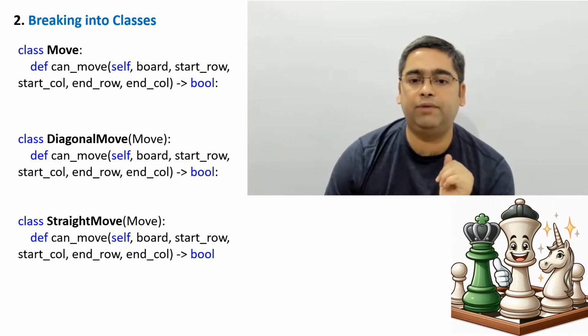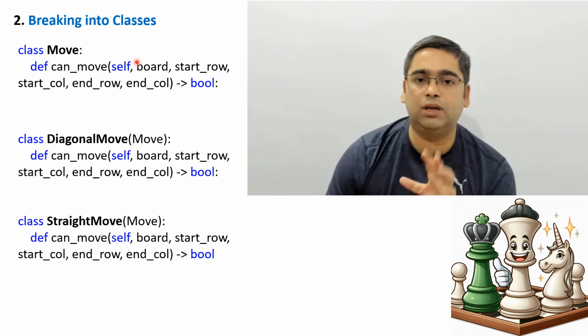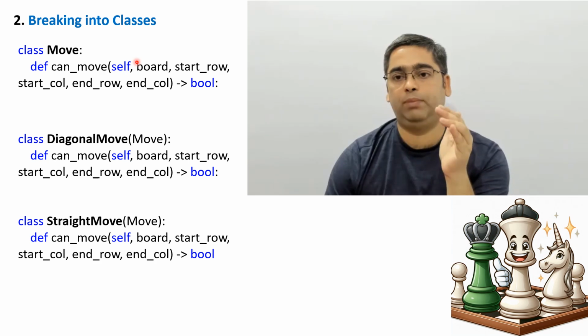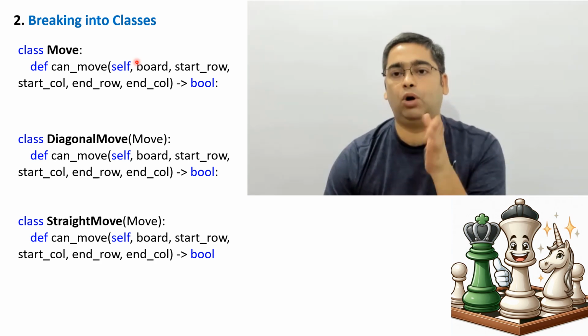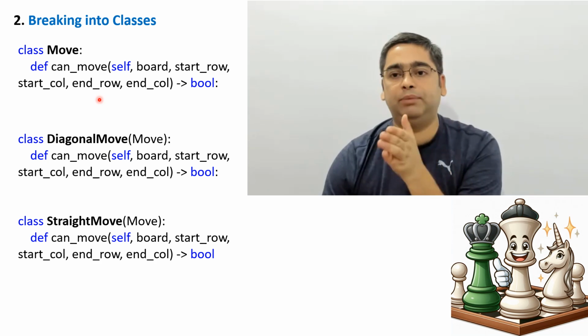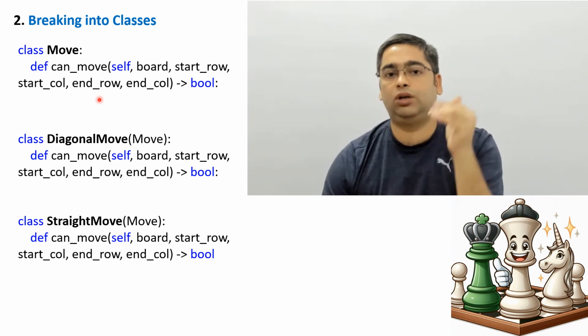Now let's break everything into classes. We are going to start with the most simple classes which do not depend on any other class, and then go for more complex classes. So we are taking a bottom up approach. Each piece is going to have its own moves. So move is the most basic class which does not depend on any other class.